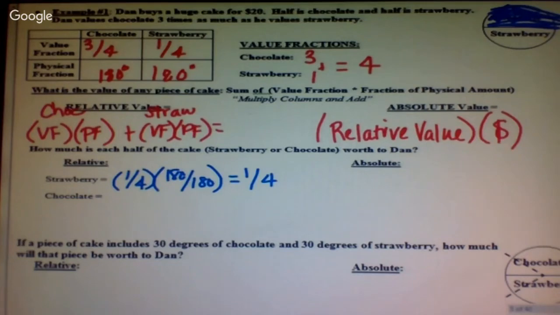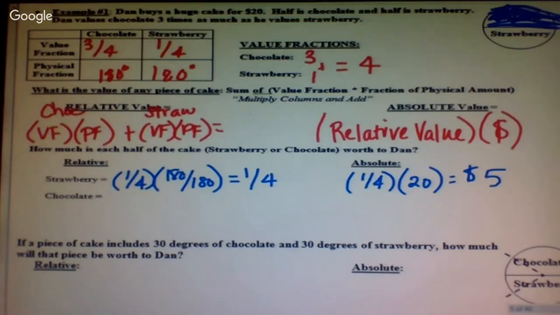To now find the absolute value, you take 1/4 times, how much do we pay for this cake? $20. 5. So the strawberry half of the cake is only worth $5 to Dan because he doesn't really like strawberry. He likes chocolate.